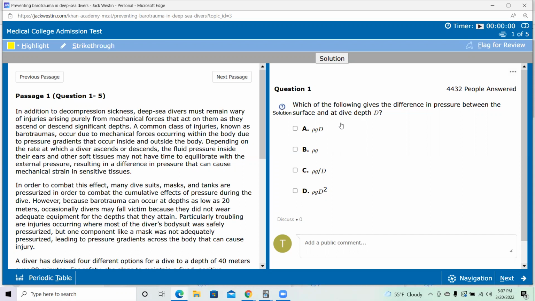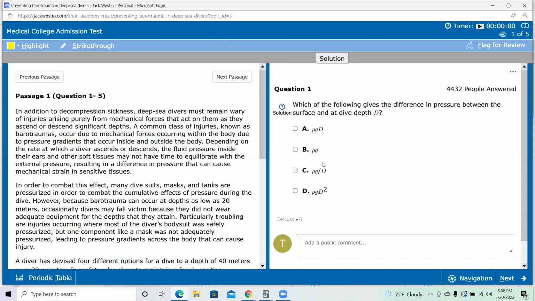I think so too, yeah, because we should be familiar with these things like density, G, gravity, D, depth they gave us, right? These are known things that we should be able to figure out without digging in the passage. So right now we know we don't need to look at the passage. Let's look at these answer choices.